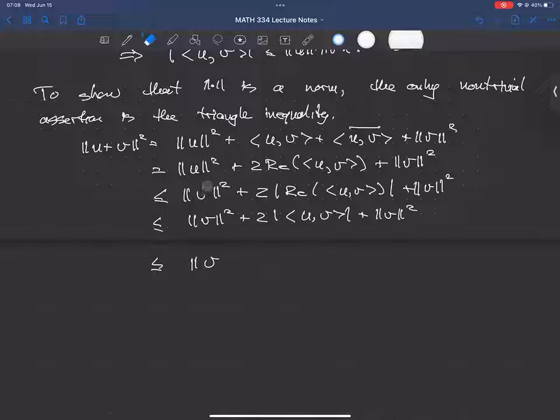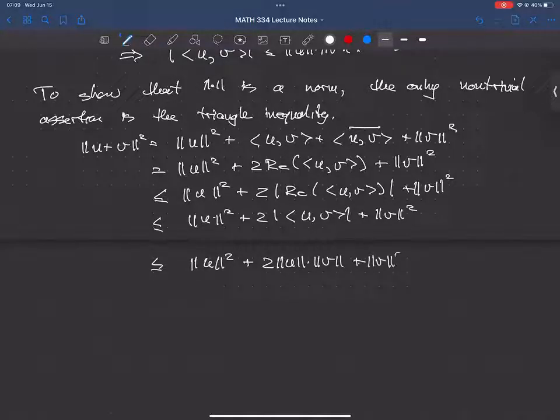Oh, sorry, somehow I started writing V here instead of U. Okay, so by Cauchy-Schwarz, this is... and finally, this is that. Okay, and then taking square roots gives you the triangle inequality. Okay, all right, so inner products give norms. Good.